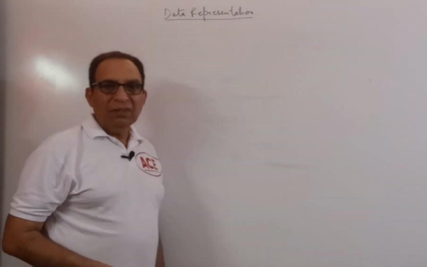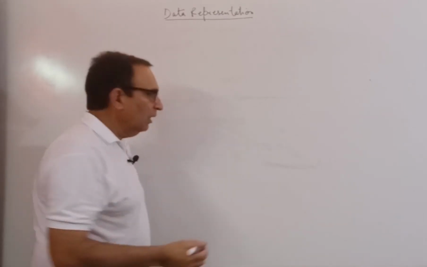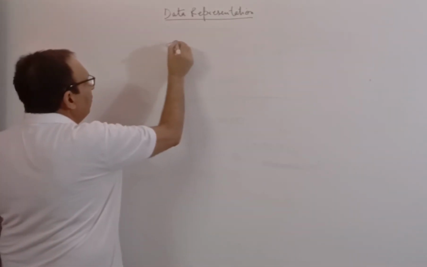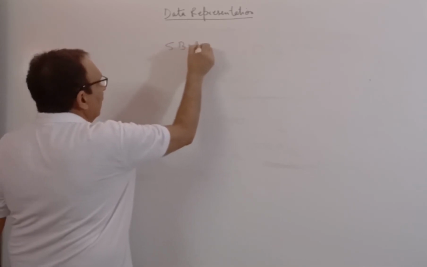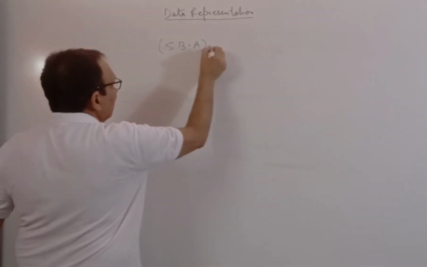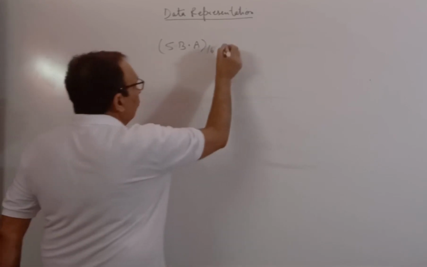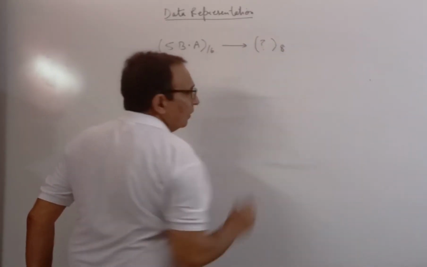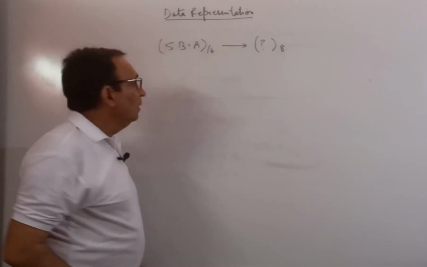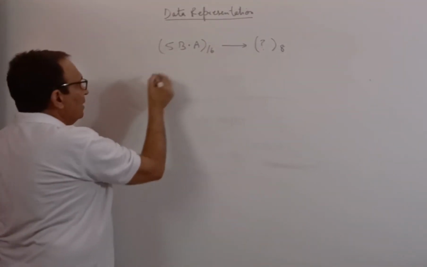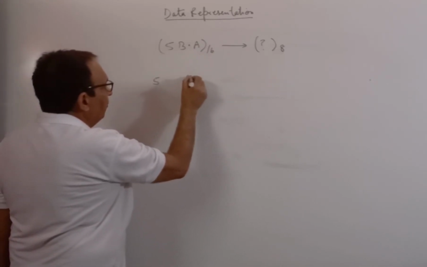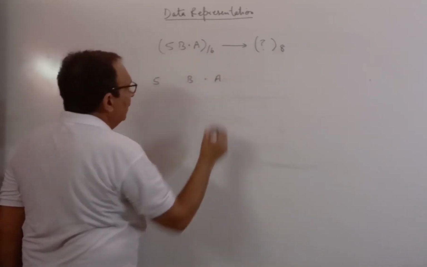Conversion of hexadecimal to octal. Write the hexadecimal number. Example: 5B.A base 16, to be converted into the corresponding octal number. Write the digits of the hexadecimal number 5B.A separately.